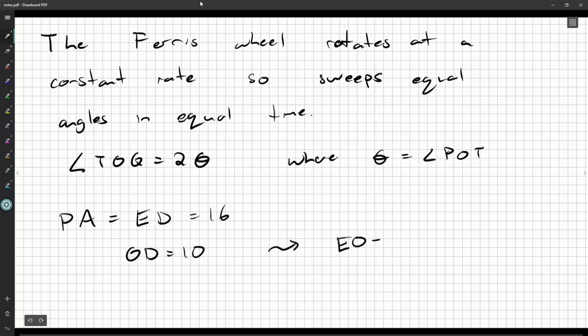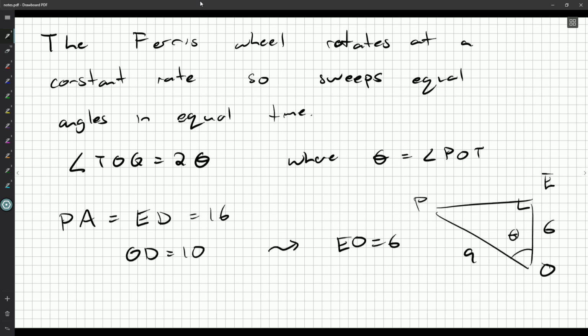We can see that EO is 6, and so that gives us, in PEO, a right angle triangle with 9 here and 6 here, and theta here. So we could work out the other side by Pythagoras, and then we could figure out the sine, cosine, tan, if we wanted to try and do this question with trigonometry. And we might very well do that.